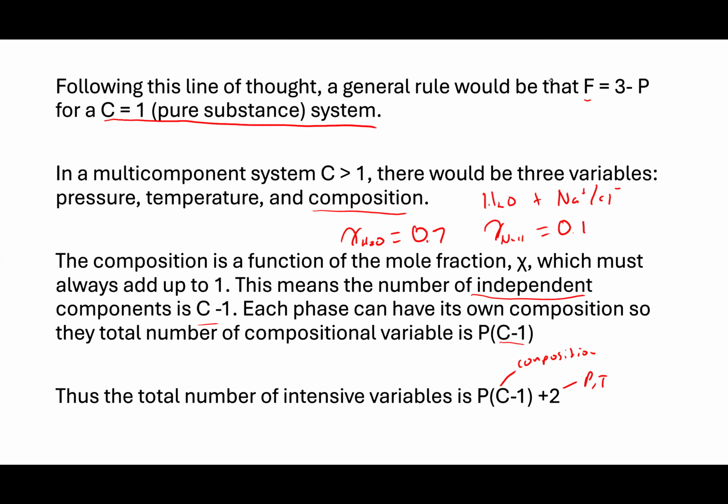Again, those are the three things that we can move: pressure, temperature, composition. It's just that composition is a little bit more mathematical than the other two, which are just straight up numbers.